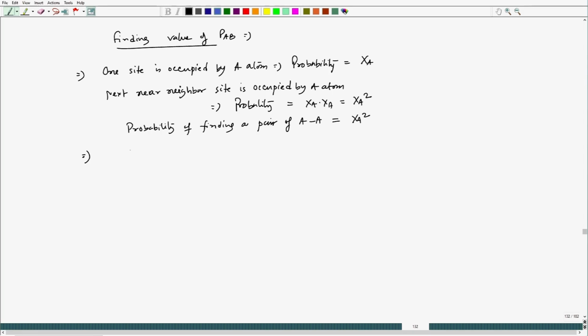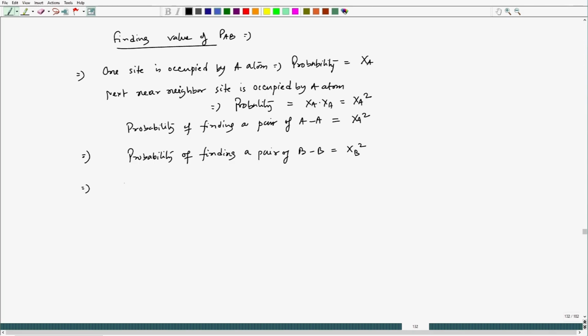Similarly, we can also write, when we try to find out the probability of finding a pair of BB, the probability of finding a pair of BB would be equal to XB square. Okay.